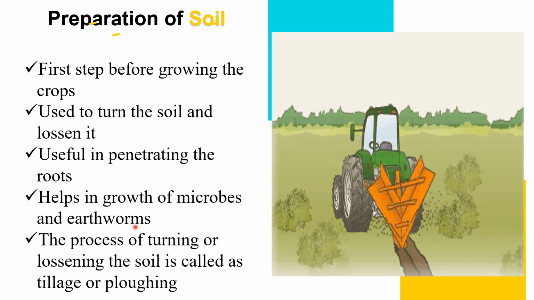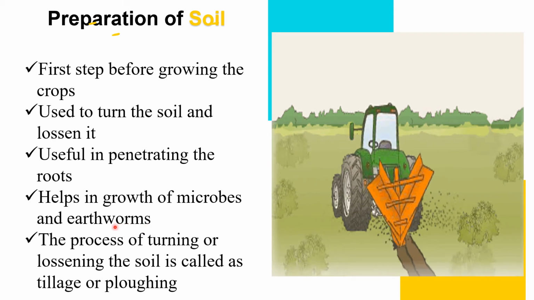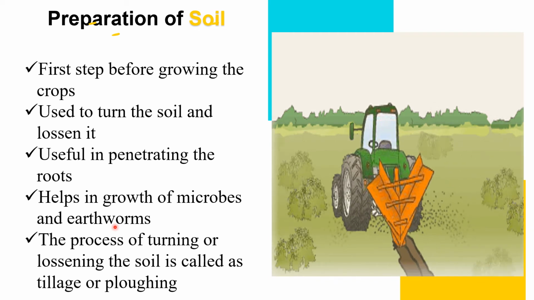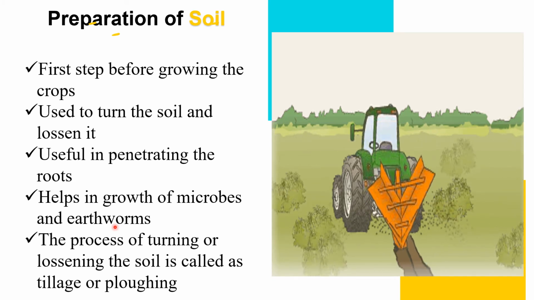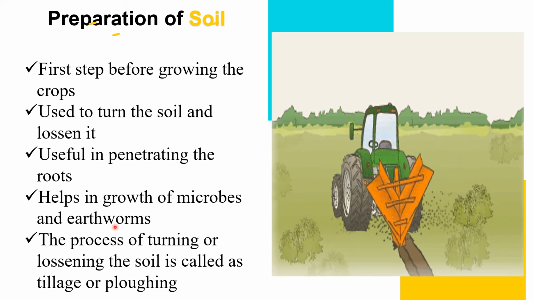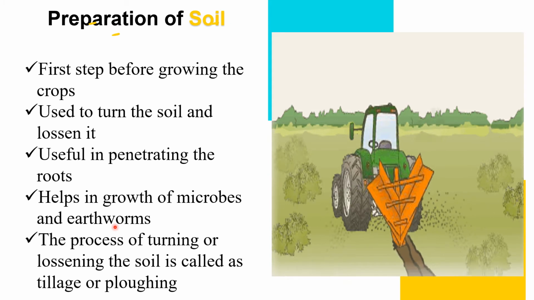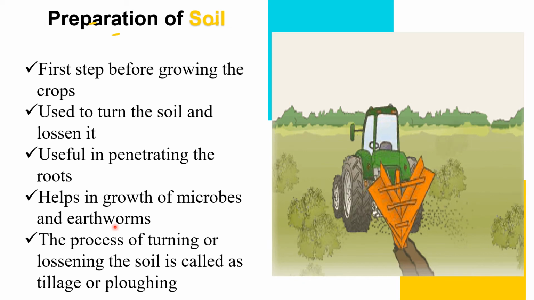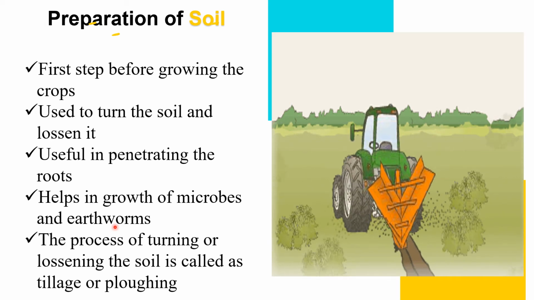Because earthworms are generally considered the farmers' best friends, because they are the natural plowers of the soil. We all know earthworms live inside the soil, and are they going to stay in the same place? No, not at all. They will be continuously moving, and when they move, they keep on turning the soil, that is tilling the soil, and that is why earthworms are called the farmers' best friend.